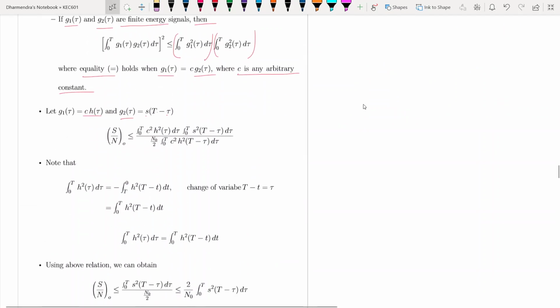And assuming G1 of tau is C into h of tau, substitute this and apply the Cauchy-Schwarz inequality. So I will write this: less than or equal to.